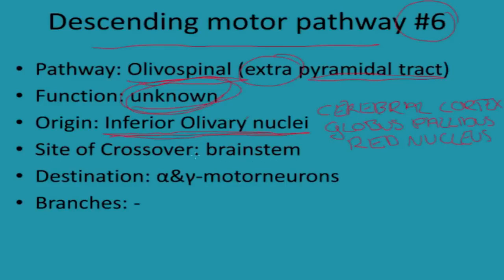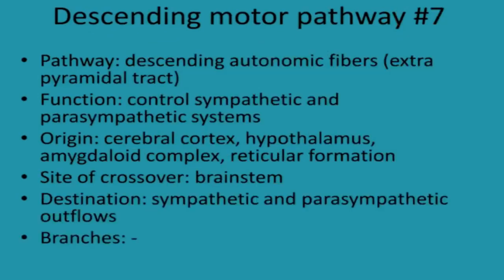They then descend and cross at the brainstem, and they synapse on the alpha and gamma motor neurons. This tract does not give branches.